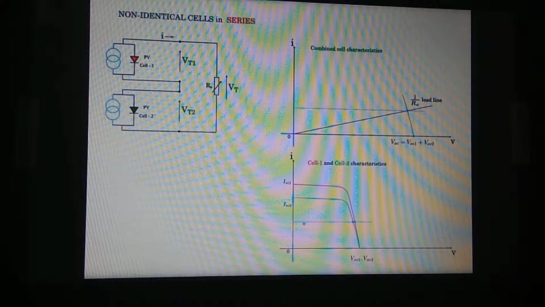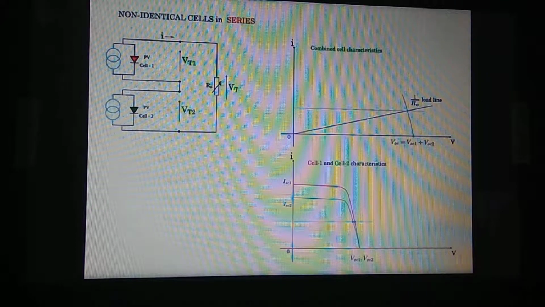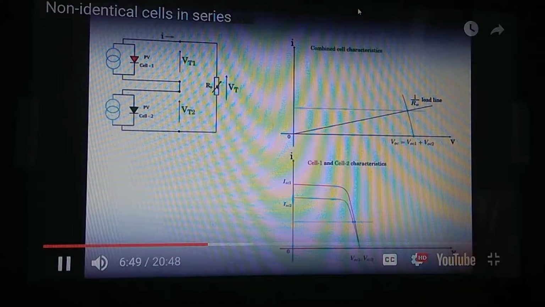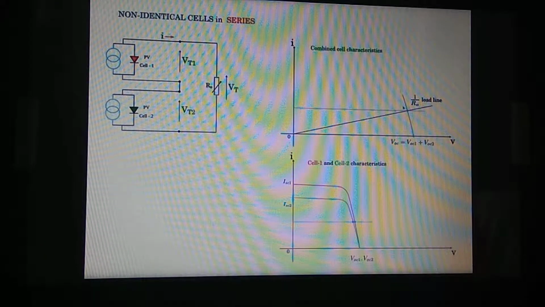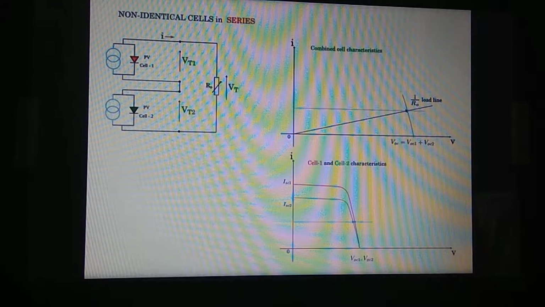Likewise, the same current line is indicated here also, indicating that there is some current flowing through the external load, the same current flowing through each of the two cells. Now, I know how much R0 I have applied, and therefore the 1 by R0 line is known. The current line is known. The point of intersection is one operating point.